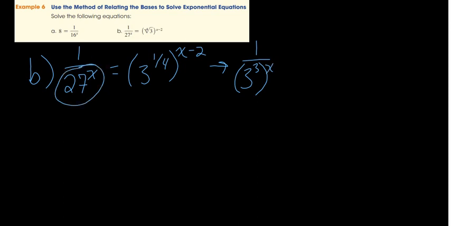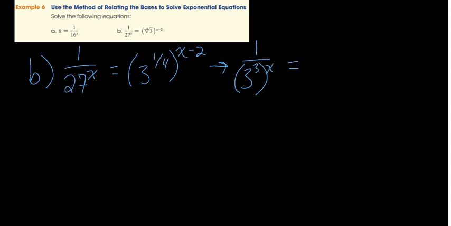So let's go ahead and rewrite these. I'm going to have 1 over 3 cubed raised to the x power, which is the same thing as 27 to the x power. On the right side, we already have that base of 3 in the numerator, good to go.